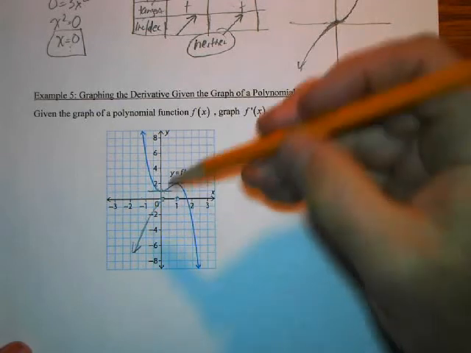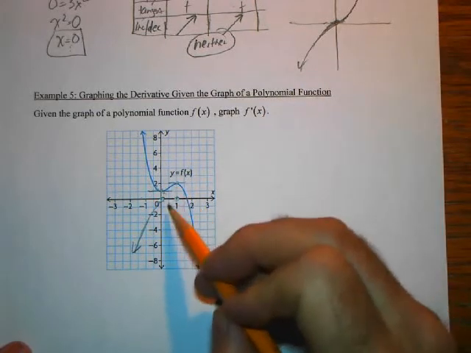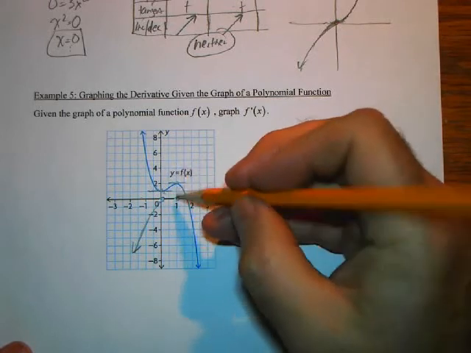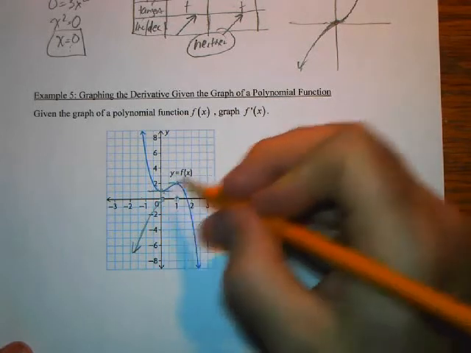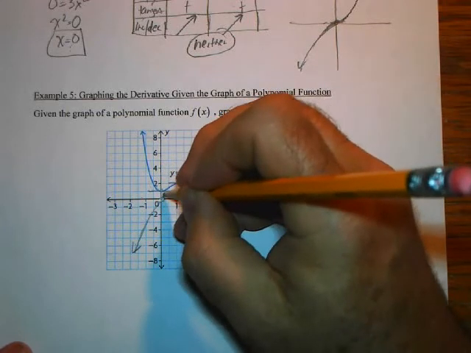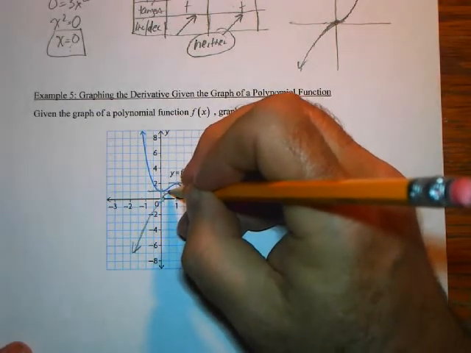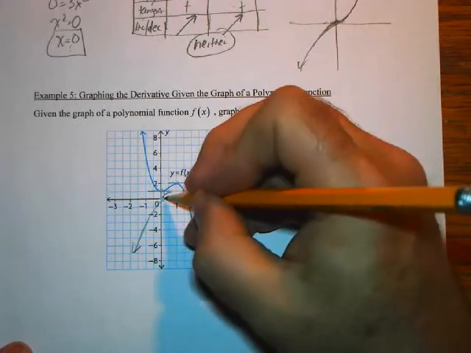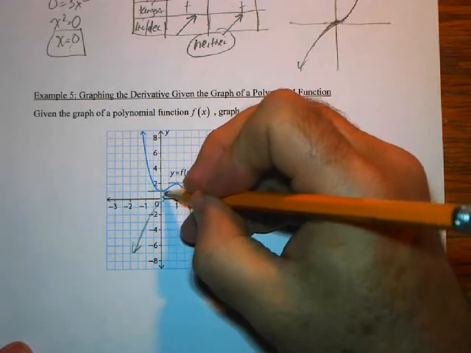Now between these 2 points, between x equals 0 and x equals 1, you can see the function is increasing. So that means my derivative graph will be positive between those values, and obviously it has to come back down to be at those points. So it's just a little bubble between them.